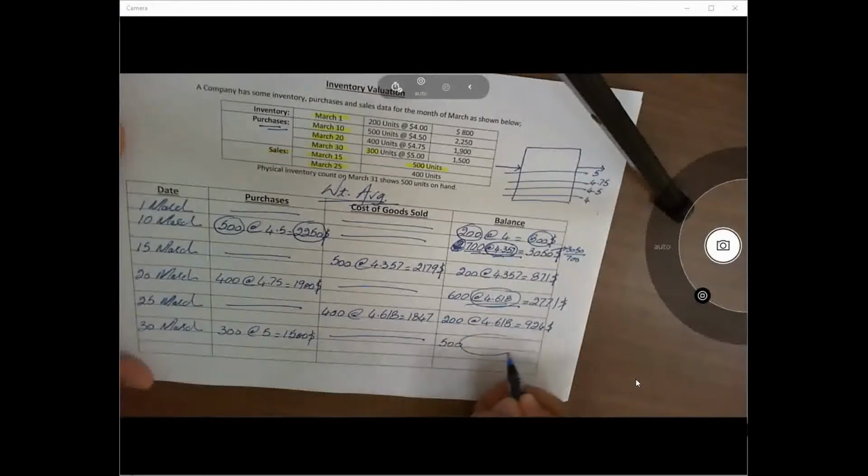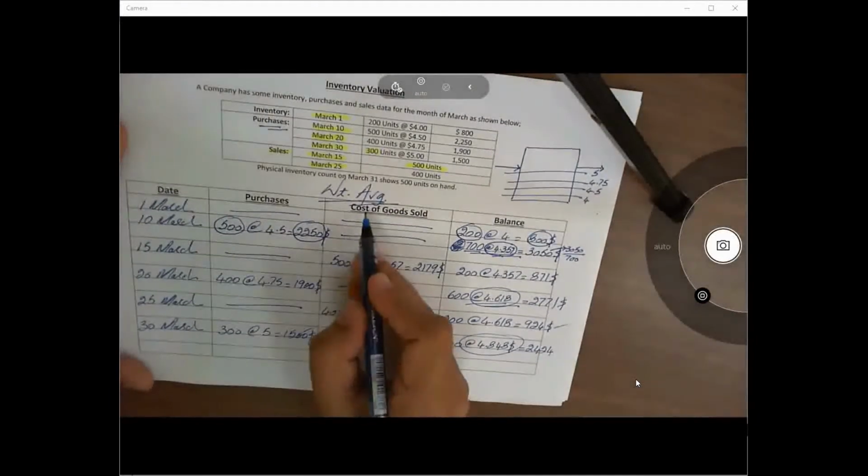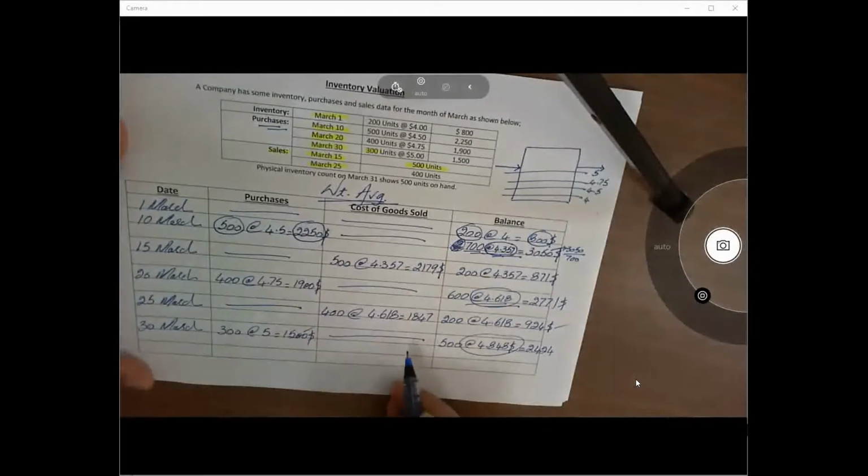We don't know this amount, but we know this total. We add 1,500 plus 924. So it gives us 2,424. This divided by the total number of units which we have will give us per unit cost $4.848.